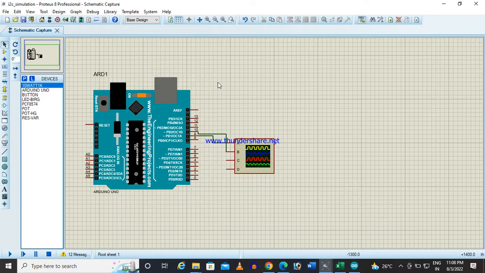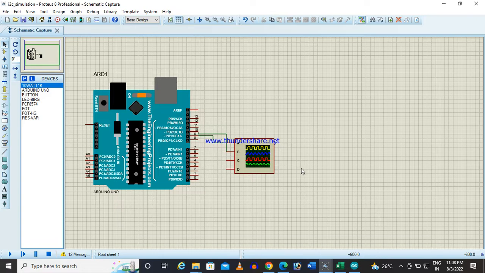Okay, so here we will be generating a high frequency or predefined PWM signal through timer 1.